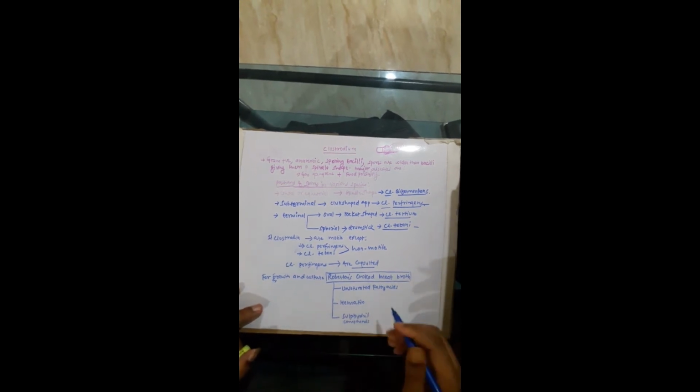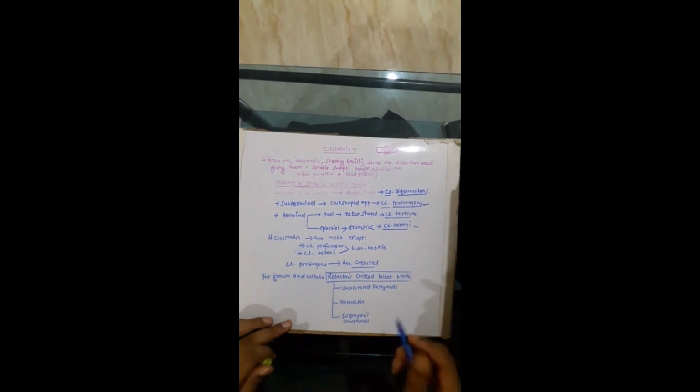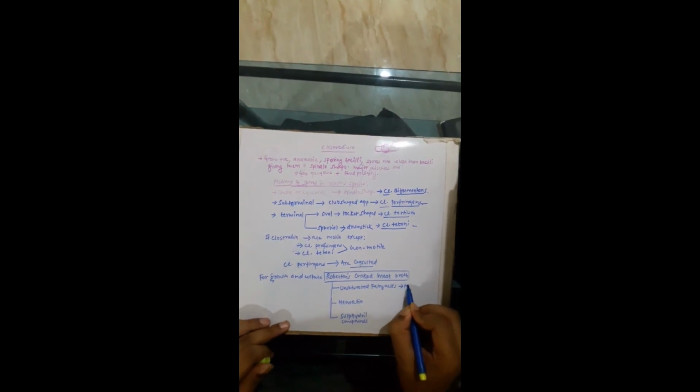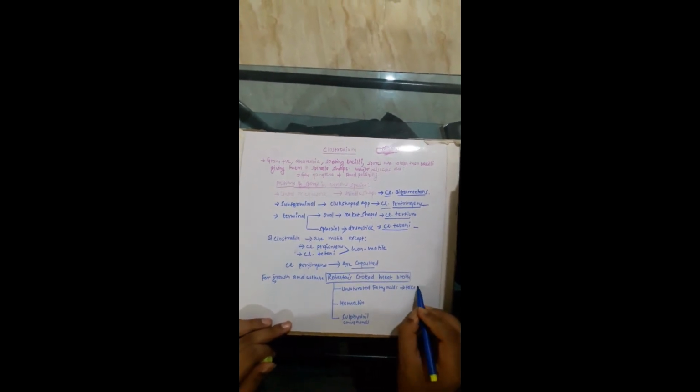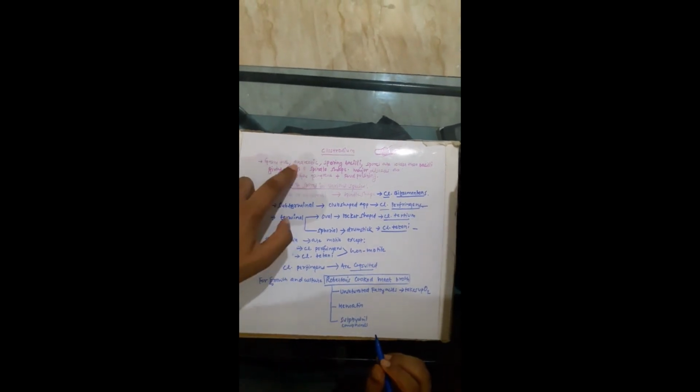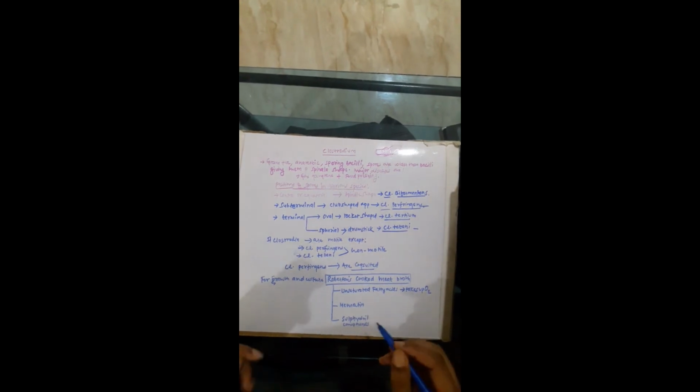These things make Robertson cooked meat a good media. Why? Because they take up oxygen. The unsaturated fatty acid takes up oxygen, and as they are anaerobic, taking up oxygen would help them in multiplication.